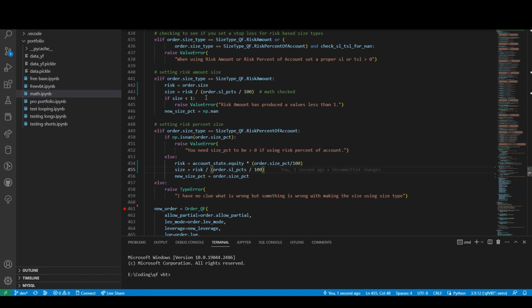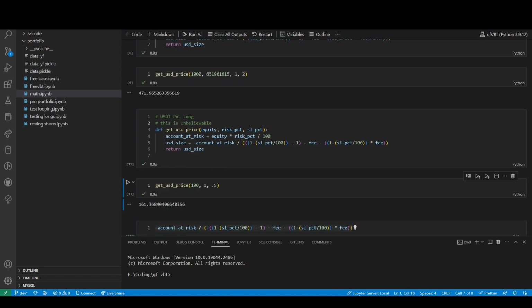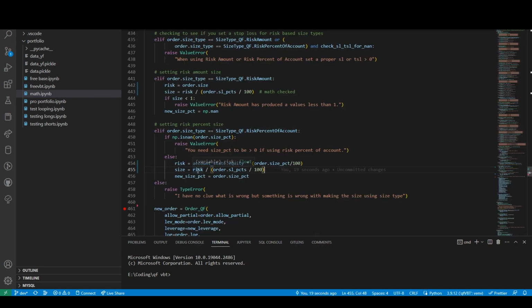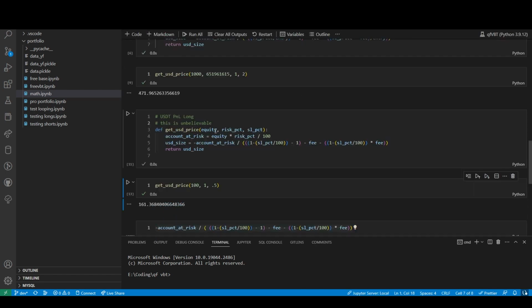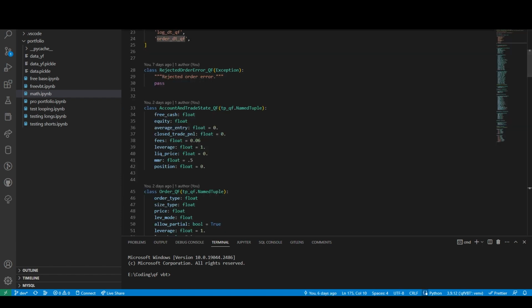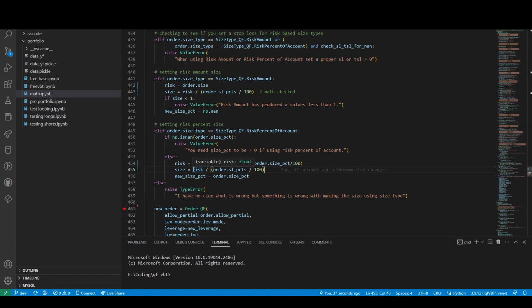So here is where I should, so it says size equals, I need to actually put that function here.